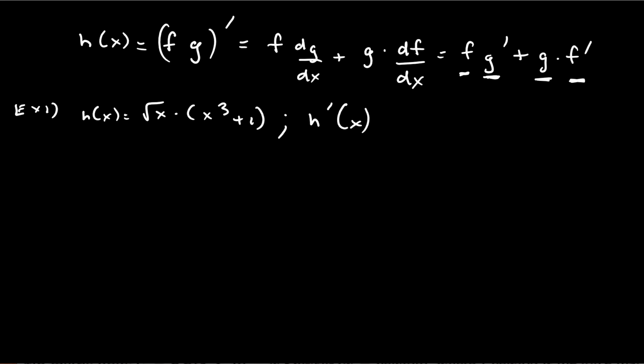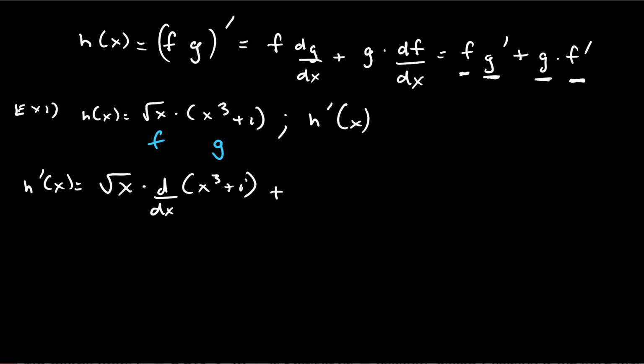If we identify this as f and this term as g, the product rule tells us h prime of x is going to be the first term, which is square root of x, multiplied by the derivative of the second term, which is x cubed plus 1, plus the second term, which is x cubed plus 1, multiplied by the derivative of the first term, which is the square root of x.